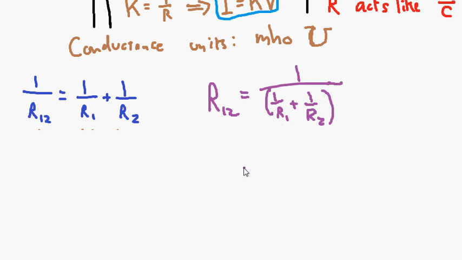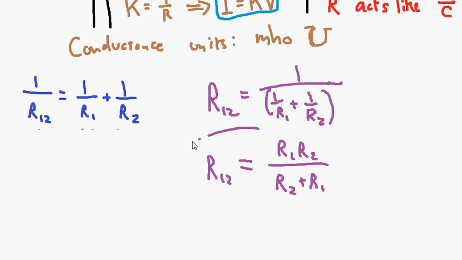But some people take it so far that they multiply top and bottom by R1 R2, and they get R12 equals R1 R2 over R2 plus R1, and then this gets really confusing.